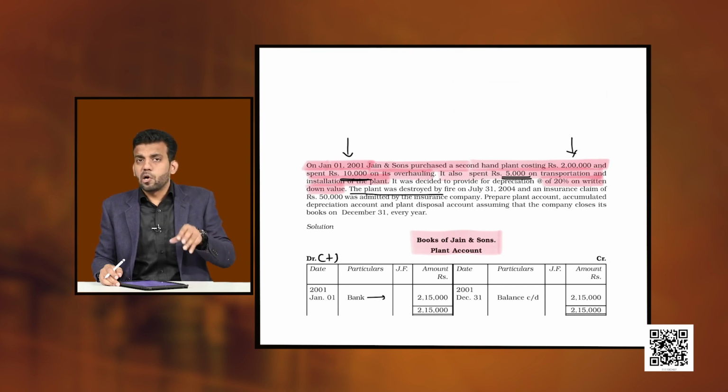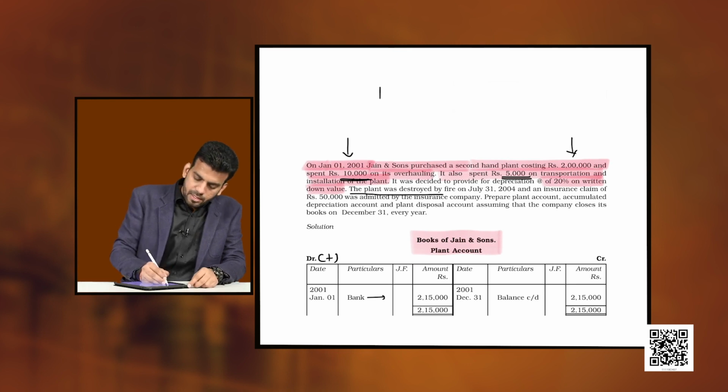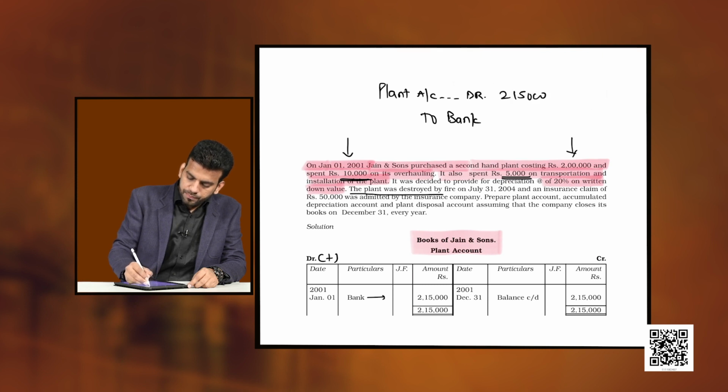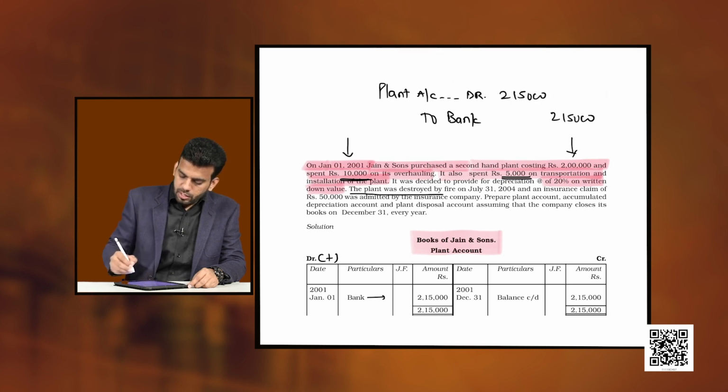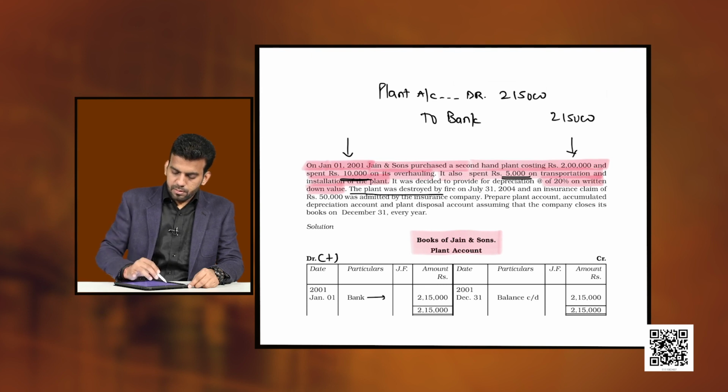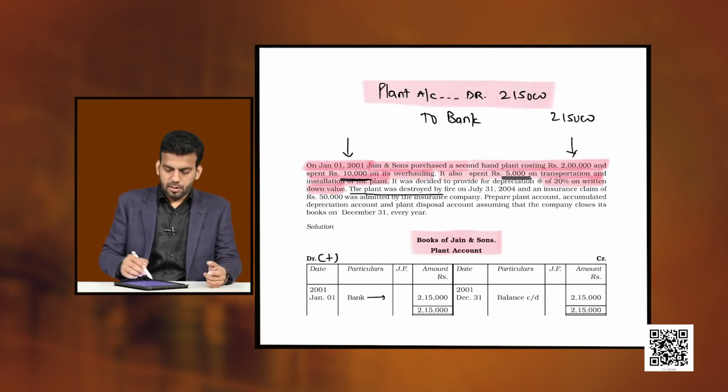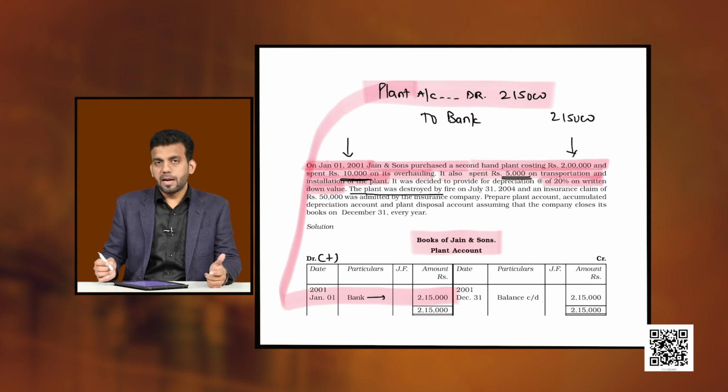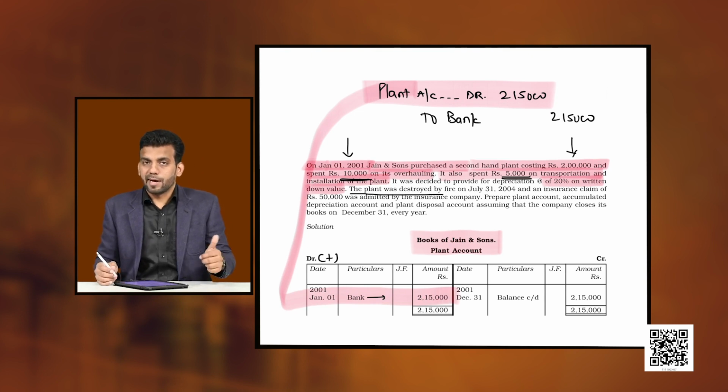That's why it is appearing on the debit side of plant account. If I see the journal entry to buy plant, that is plant account debit to bank, 215,000, and we are doing nothing but ledger. Plant account is debited, and here we have debited the plant account by writing bank account.